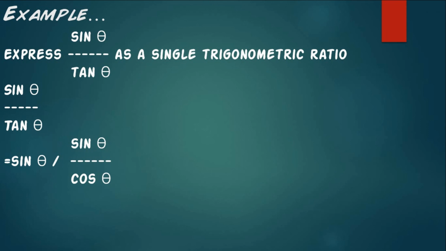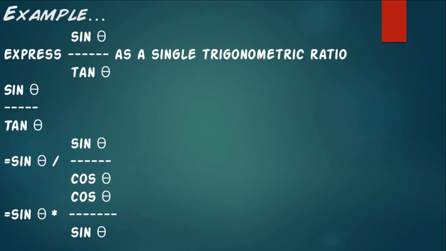Now if you want to work this out, you must change the division sign. The denominator becomes the numerator, and the operator becomes multiplied by. So it's sine theta multiplied by cos theta over sine theta.